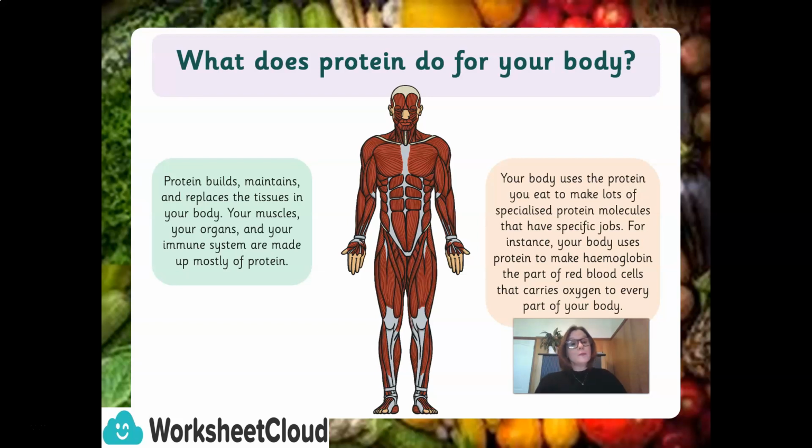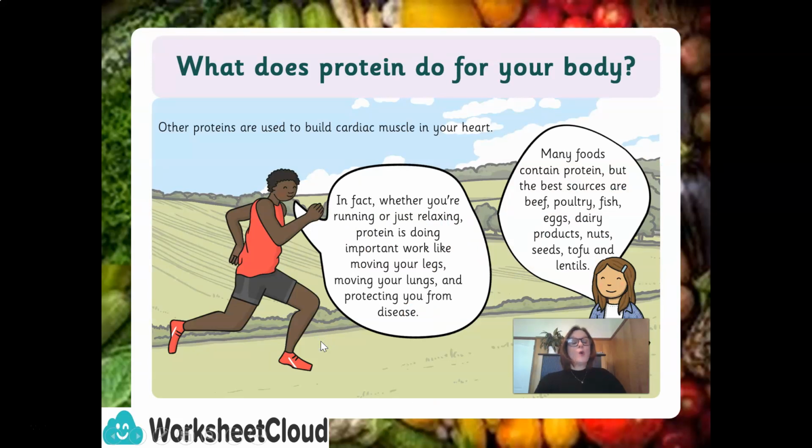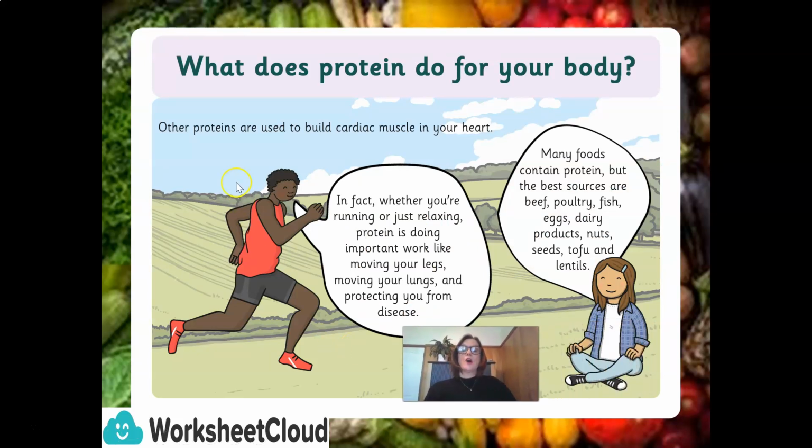Your body uses the protein you eat to make lots of specialized protein molecules that have specific jobs. For instance, your body uses protein to make hemoglobin, the part of red blood cells that carries oxygen to every part of your body. Other proteins are used to build cardiac muscle in your heart.